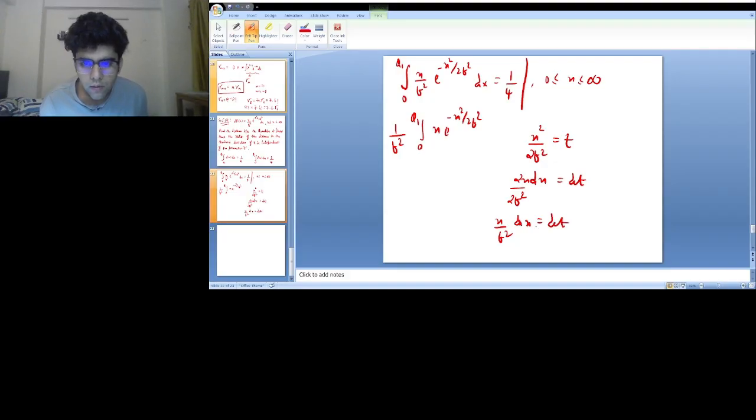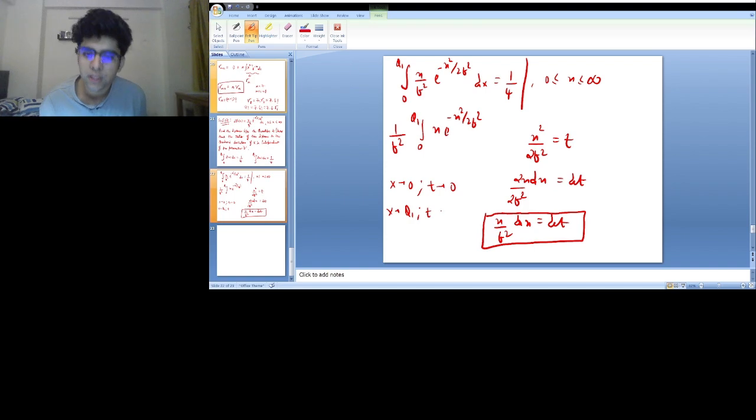I just differentiated this. Now when my x goes to 0, my t, which is x square upon 2b square, goes to 0. When my x goes to Q1, my t goes to Q1 square upon 2b square, right? So my limits have changed when I substitute t here.